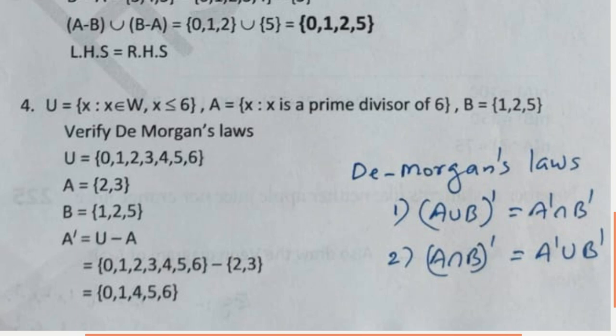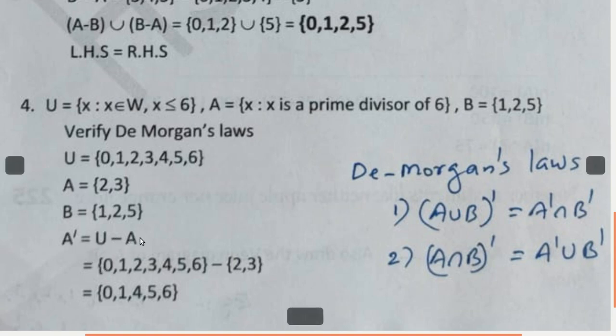The universal set is explained under the term complement of a set. So to understand the complement of a set, we have to learn about the universal set. So A complement means U difference A. Similarly, what is B complement?